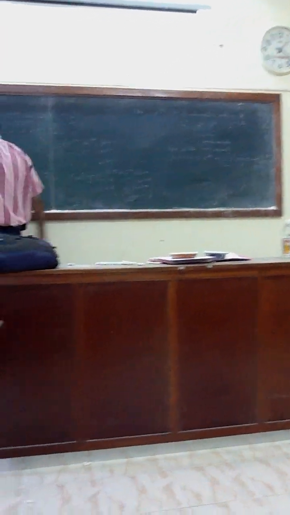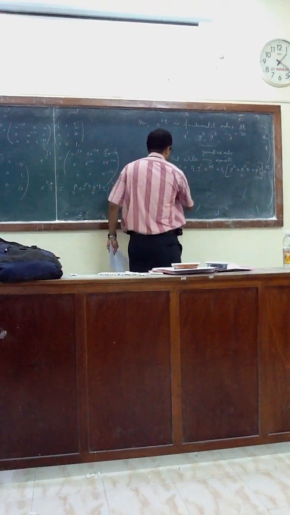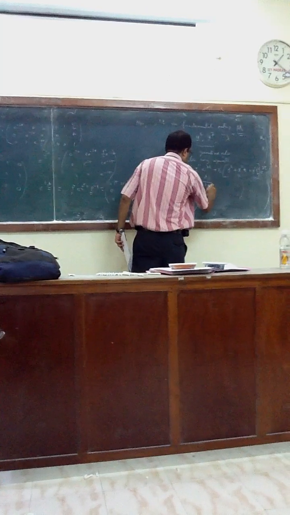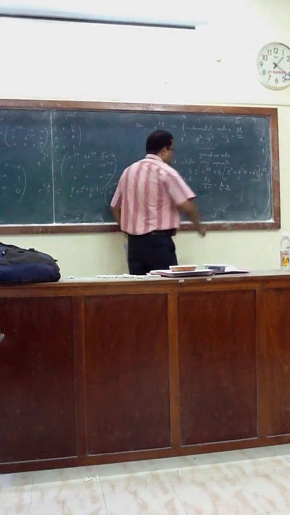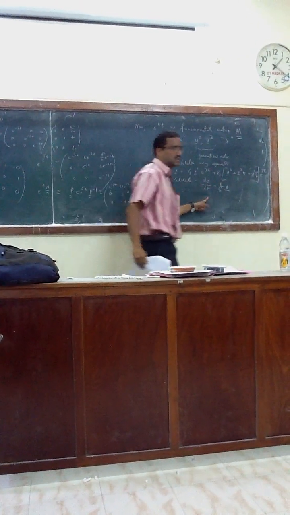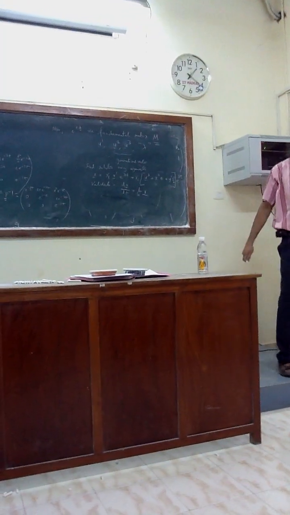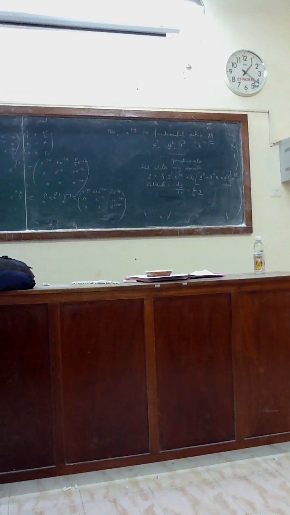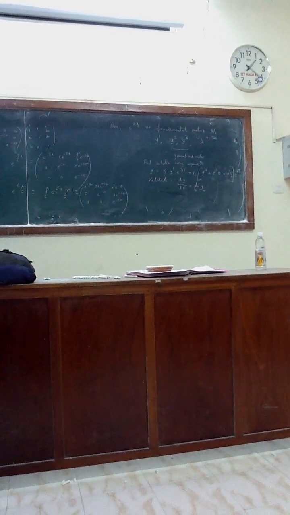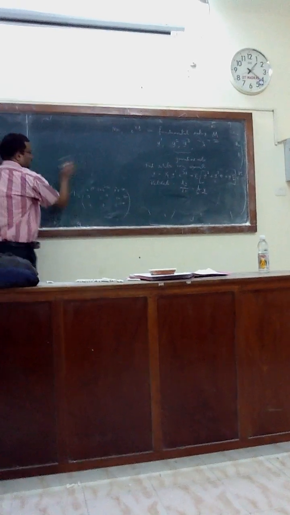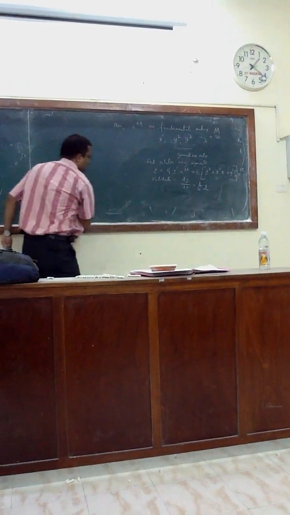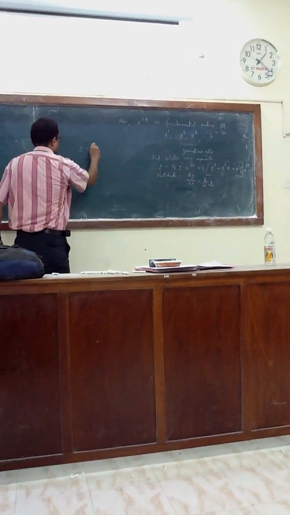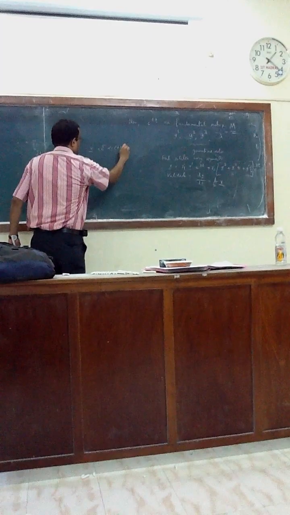So now, how to validate? This will satisfy dx/dt equals Ax. You know why I wrote e to the power lambda t: in eigenvector decomposition, we know the solution is a summation of alpha i(t) u i.